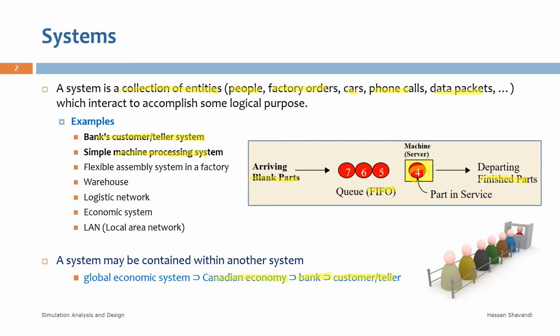And then the Canadian economy system is a subsystem of a global economic system. As you see, at different levels we have different definitions. I mean, any system at any level could be a subsystem of a larger system at a higher level. Okay.